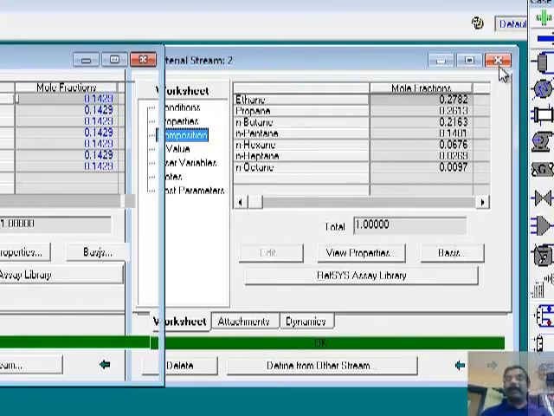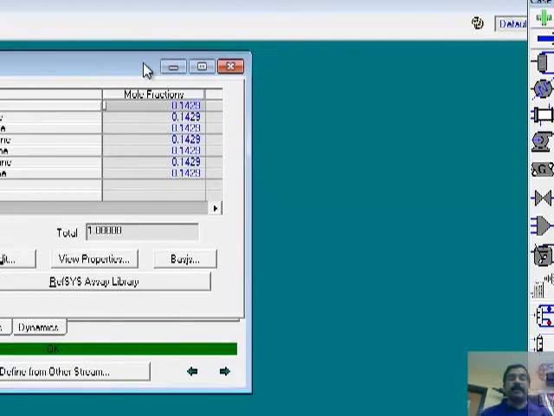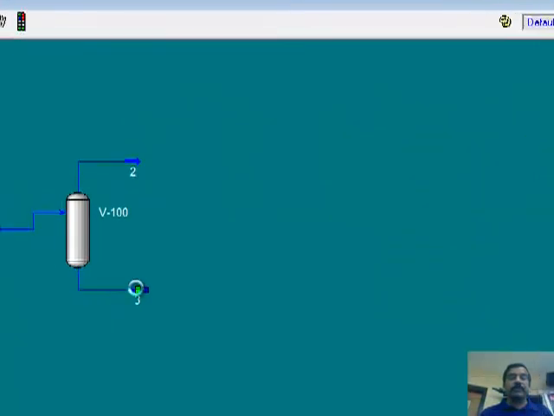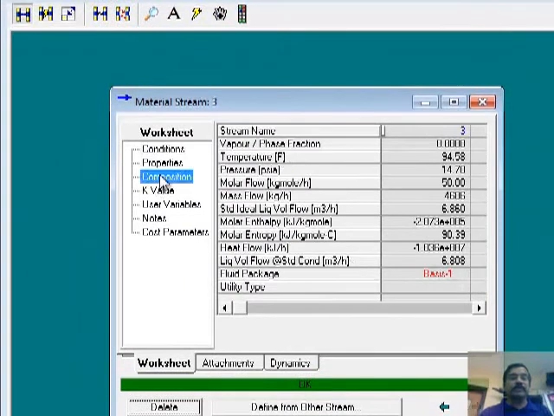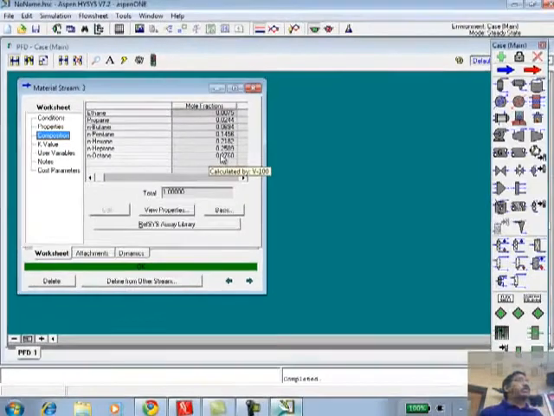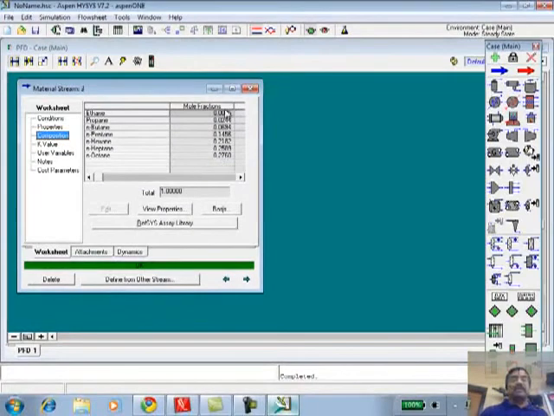Okay, and you can open up the liquid stream and compare that. Okay, the composition obviously should be the other way. Octane has more in it, in the liquid stream, and very little of ethane. Now, the problem is if I want to get rid of ethane completely, these are units that are commonly used, deethanizer, debutanizer, names that are given to the vessels, and the idea is that you should get rid of the composition to 0.